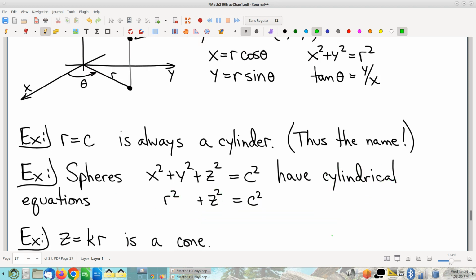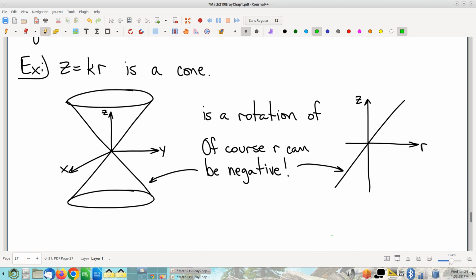Okay, now this example is a little bit weird for some students. Also, this is an example that illustrates what I think is a nice general point to keep an eye out for, another tool for your toolbox. I'm going to start off with the general point, looking at this equation here. This is a cylindrical equation.